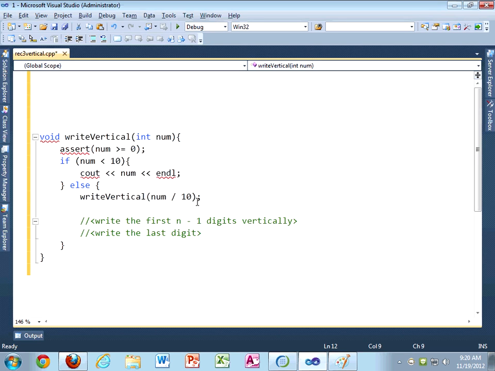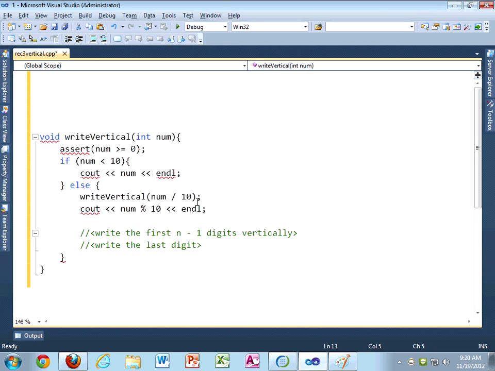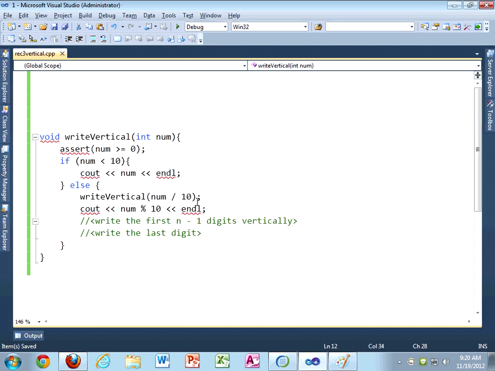Okay, so now we have to write the last digit. How are we going to do that? See how it's moving. What do you think? So try it.